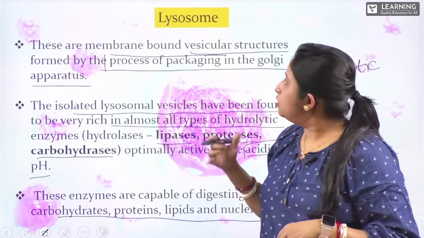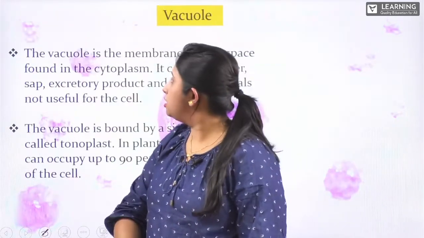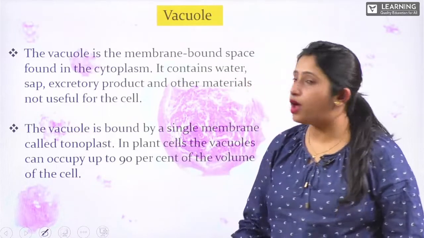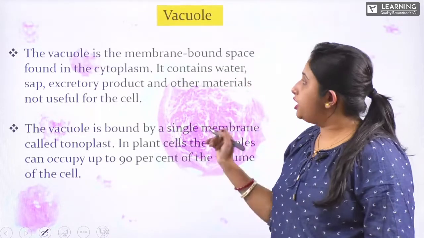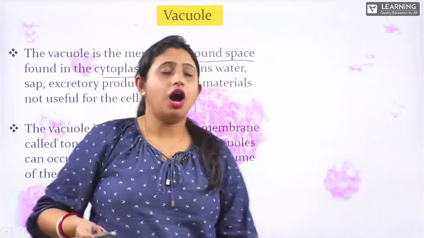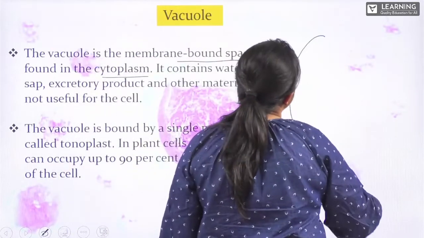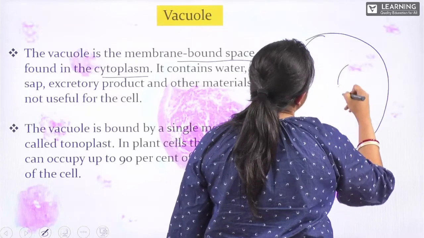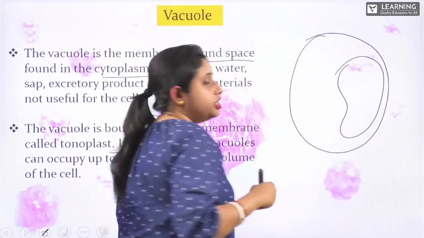This is the reason lysosomes have the capacity to eat up damaged cells in our body. Next, let us learn the next topic, the vacuole. The vacuole is a membrane-bound space found in the cytoplasm. If you see the cell, you will see a large vacuole in the case of the plant cell.